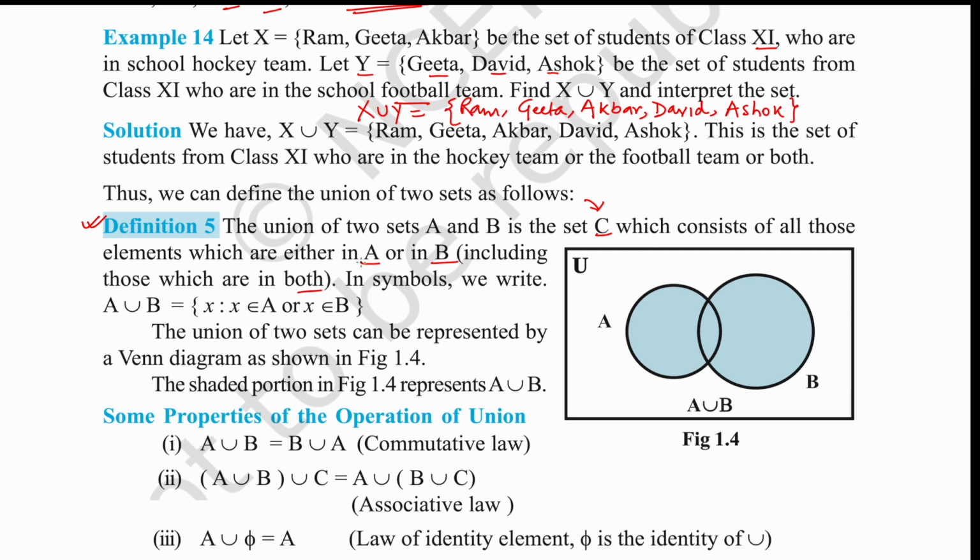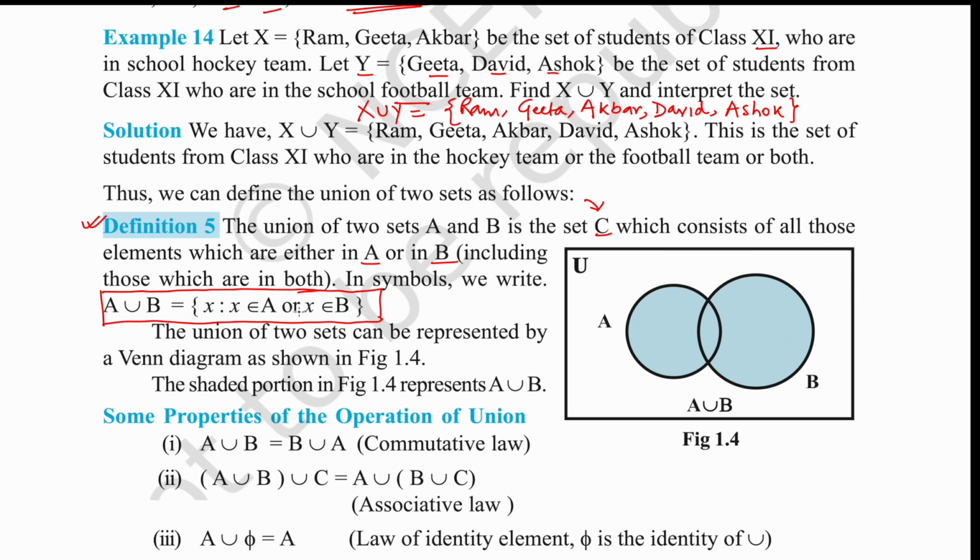That means you have to include all the elements inside A and all the elements inside B, making sure that the common elements between A and B are written only once. So symbolically, A union B is a collection of all the x where x belongs to A or x belongs to B.